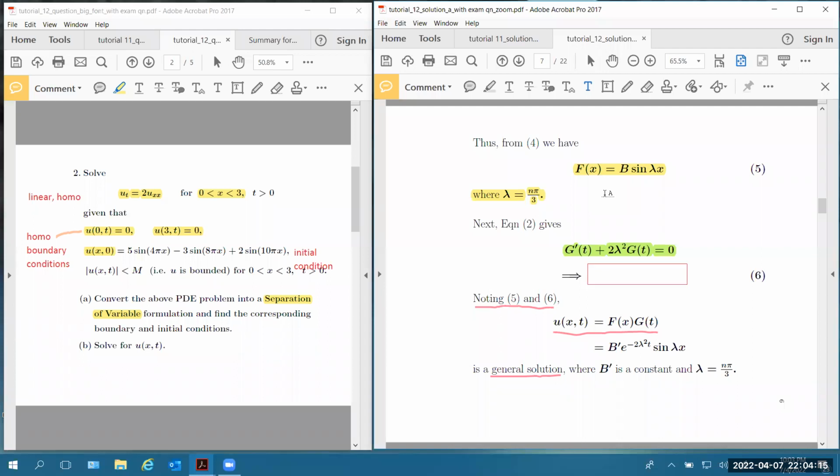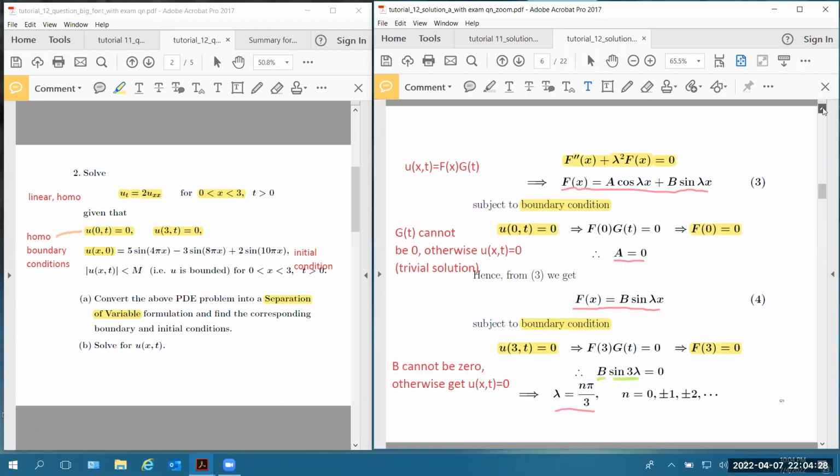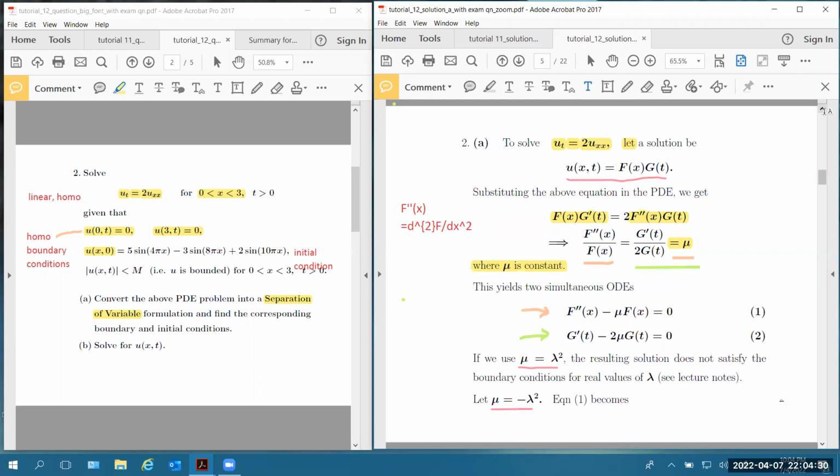So now let's go and find G(t). I will need to look at the other equation involving G(t). Where is the equation? That means this one, equation 2.